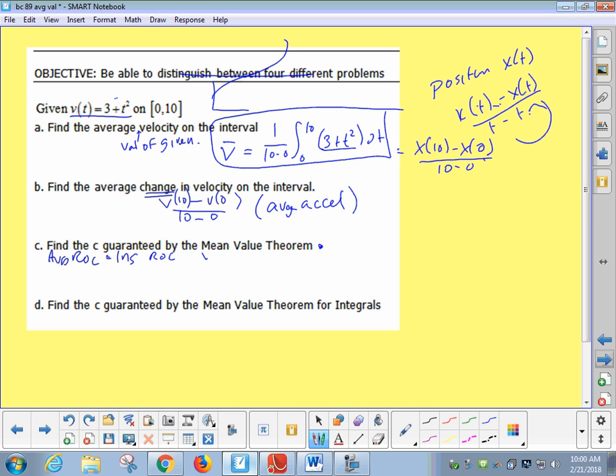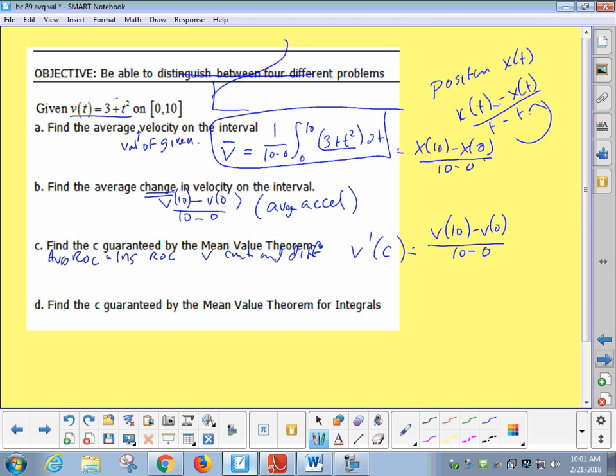So you say V is continuous and differentiable. And you'd say something like V prime, the instantaneous change in velocity, must equal the average change in velocity over the interval. It's more like the old one, mean value theorem, period.